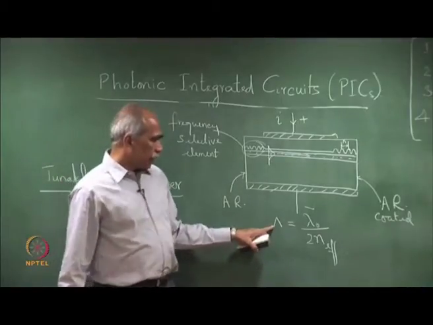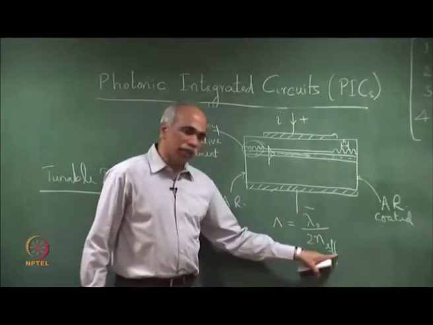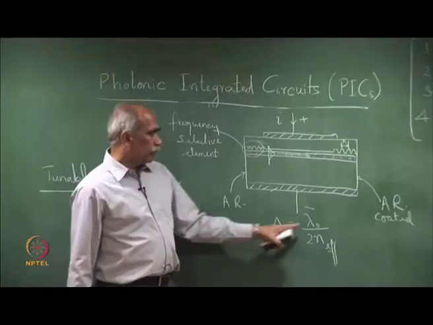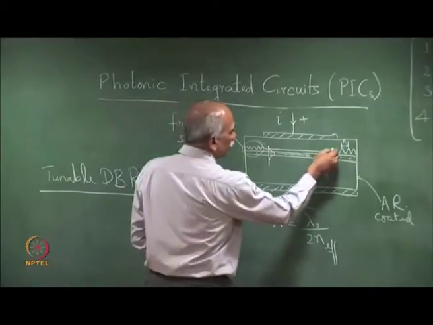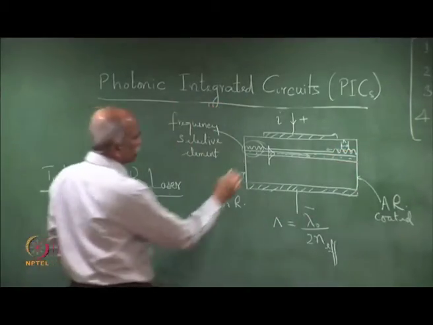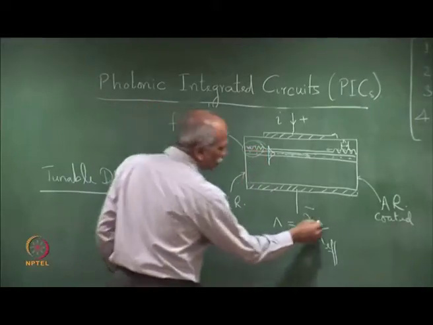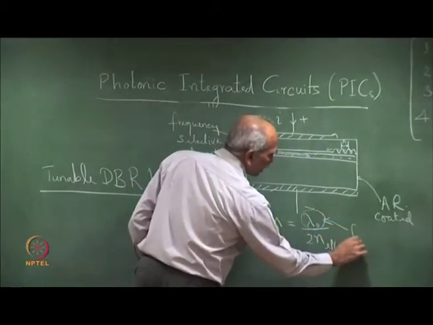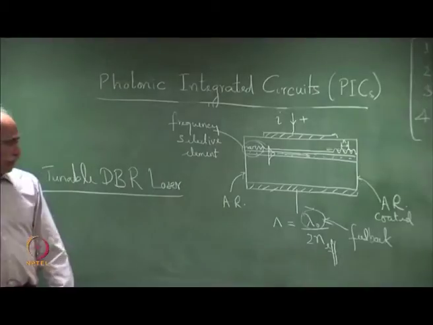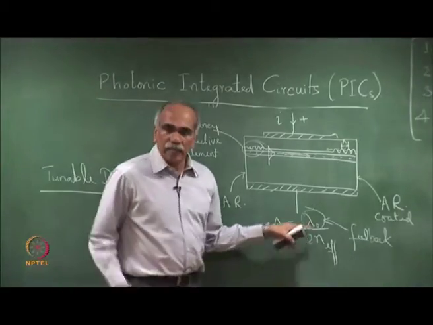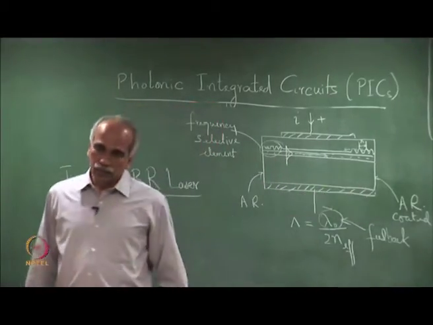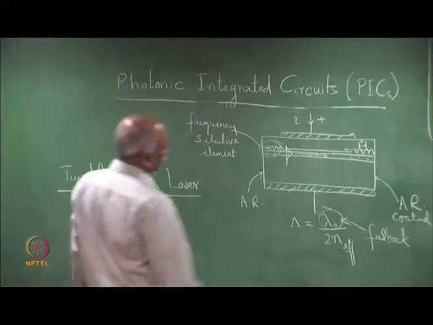If the period is equal to lambda 0 by 2 n effective, then lambda 0, the optical wavelength, would resonantly get reflected at this periodic grating, leading to feedback at this wavelength only. Feedback that is so essential for laser oscillation comes only at this wavelength, thereby leading to realization of a single frequency laser.